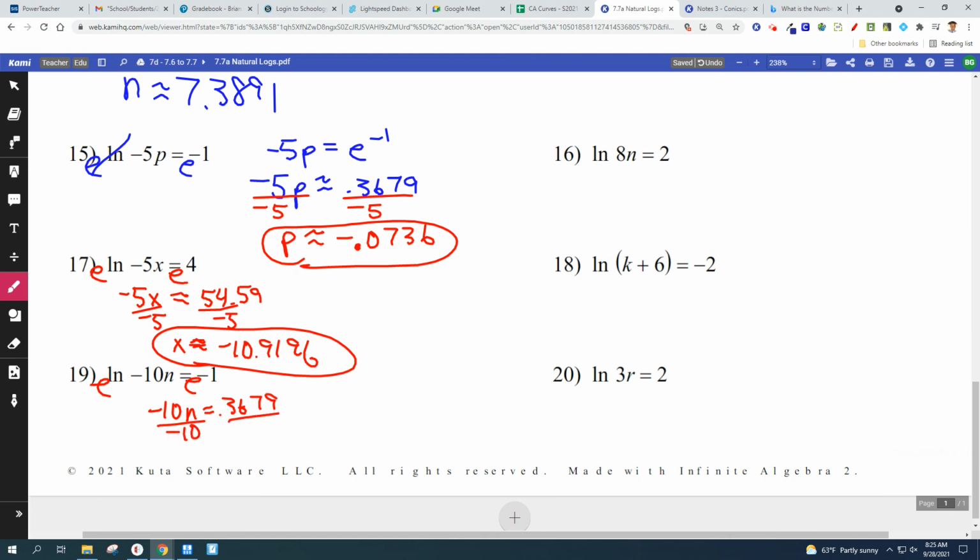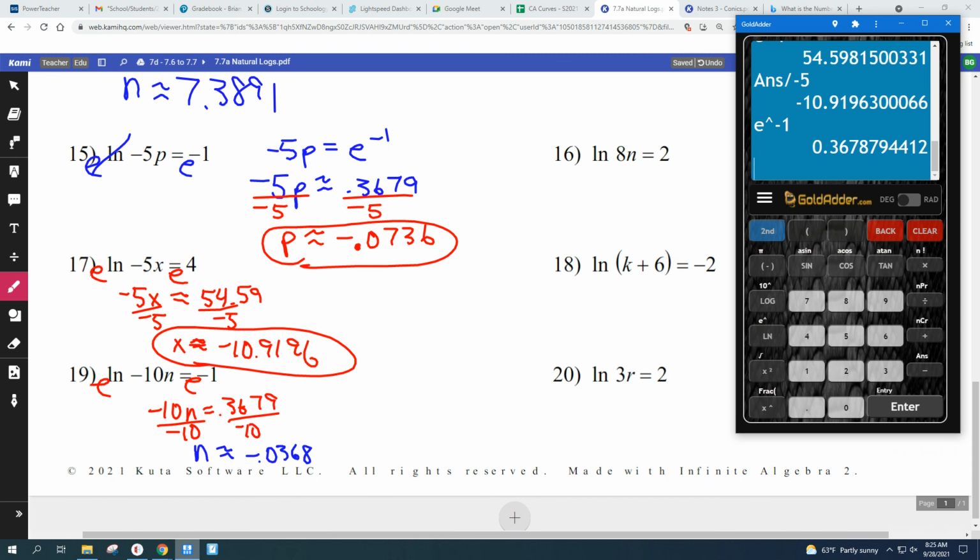You should be able to do that without a calculator, because that's just going to move the decimal. N is approximately negative 0.0368, right? We're going to divide by -10. It's just going to move the decimal. Negative 0.0368. Got it.